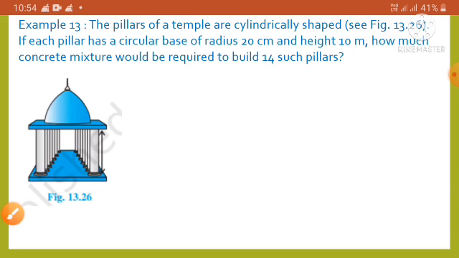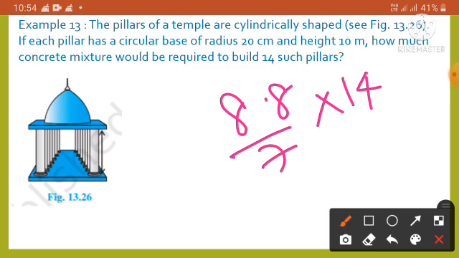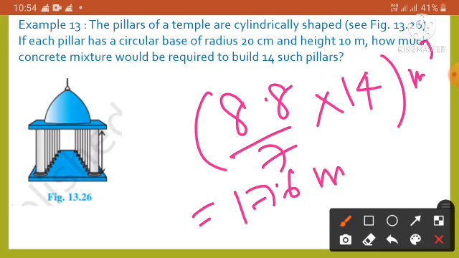Therefore the volume of 14 same pillars will be the volume of each cylinder, 8.8 by 7, into 14, in meter cube. So it will be 17.6 meter cube. So 14 pillars would need 17.6 meter cube of concrete mixture.